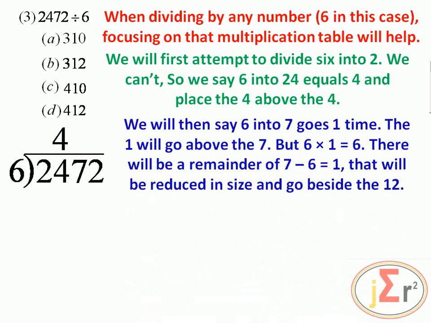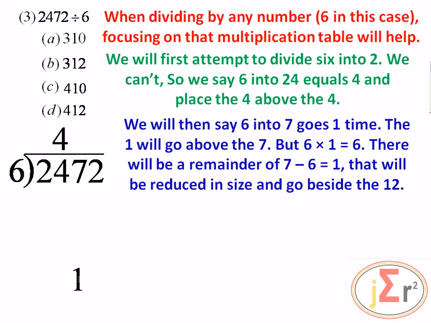We will then say 6 into 7 goes 1 time. The 1 will go above the 7. But 6 times 1 is equal to 6. There will be a remainder of 1 that will be reduced in size and go beside the 2.